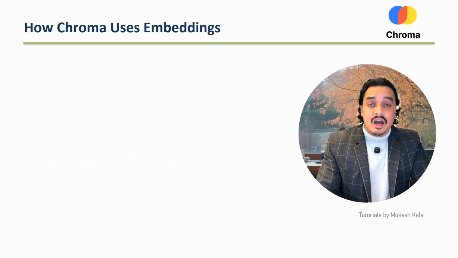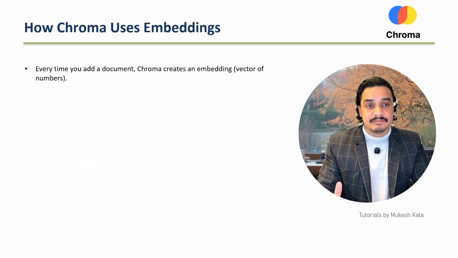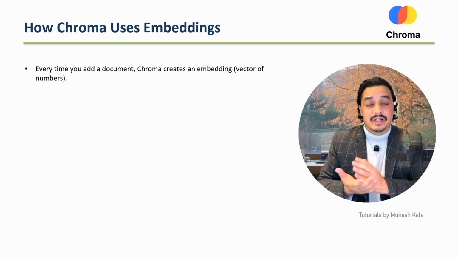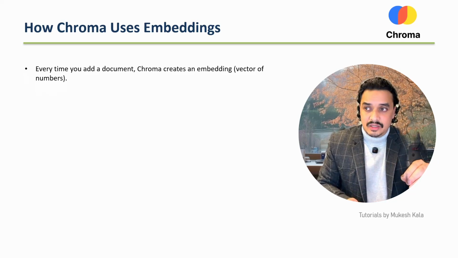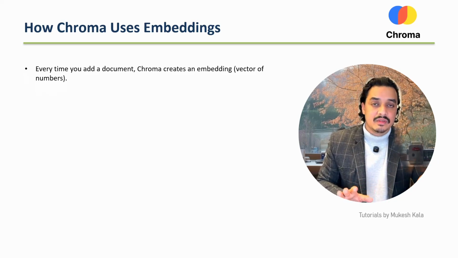The next one is how Chroma uses embeddings. In the previous lessons, we have already seen that every time I add a document, Chroma creates an embedding, which is a set of numbers.